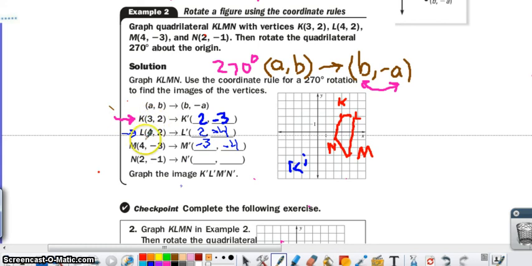And then N prime, I'm going to switch the order of these 2 from the pre-image, and my image point N prime is going to be -1, -2. I've got to change the sign of that Y coordinate. So let's go ahead and plot the rest of these points and look at our results.